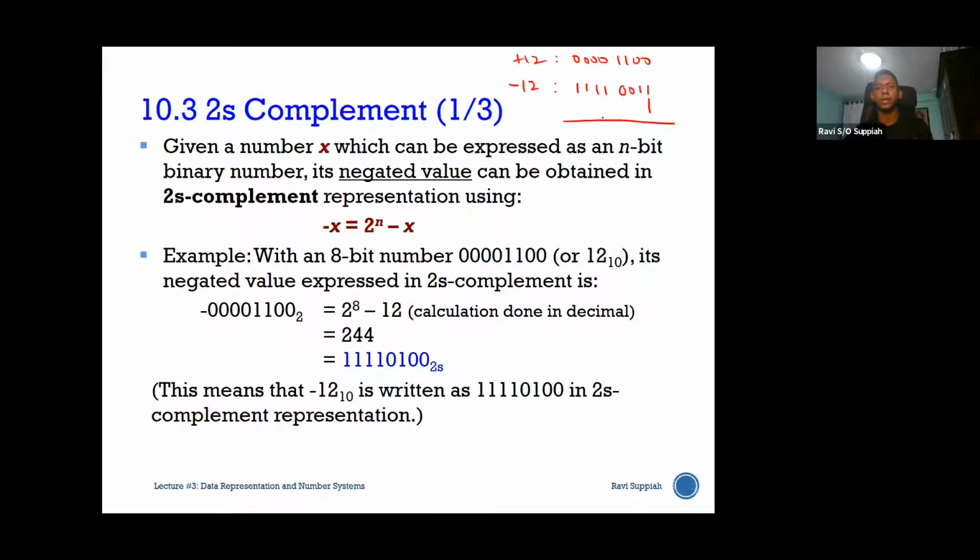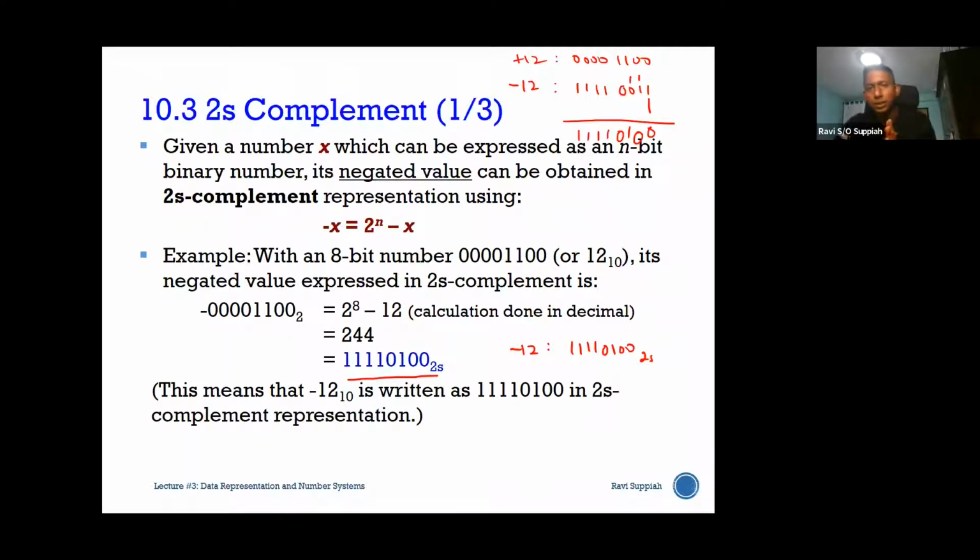That's the second step. 1 plus 1 is 0 carry 1, 1 plus 1 is 0 carry 1, then 1 0 1 1 1 1, so one more 1, 110100. So your negative 12 is represented as 11110100. This is in your 2's complement.